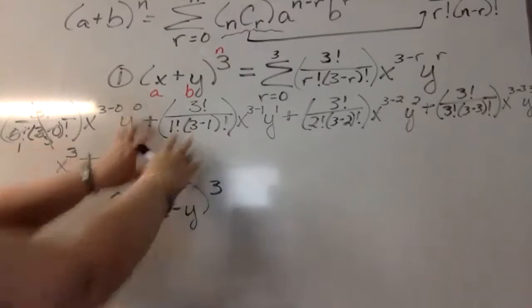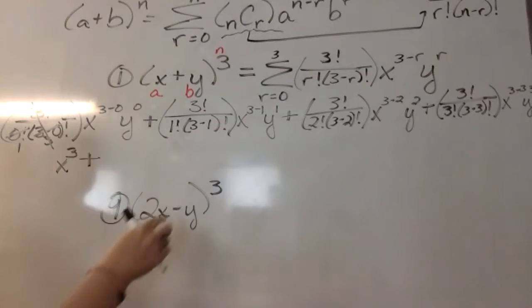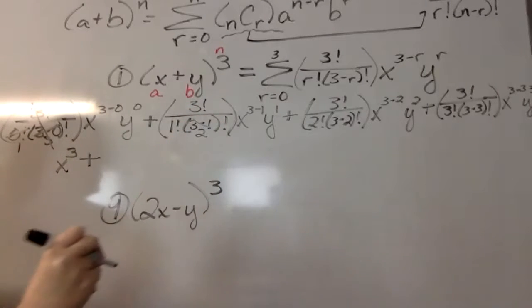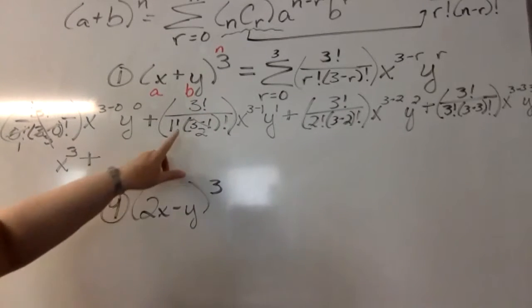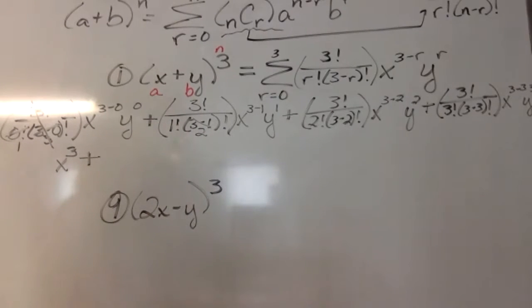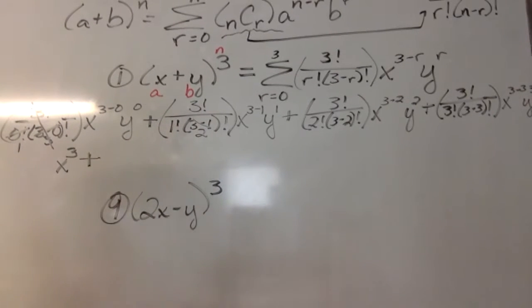Now we're doing this one. Okay? 3 minus 1 is 2. So I've got 2 factorial and 1 factorial. Again, 1 factorial is still going to be what?